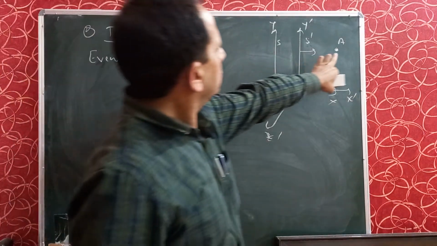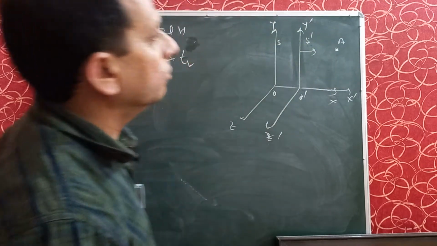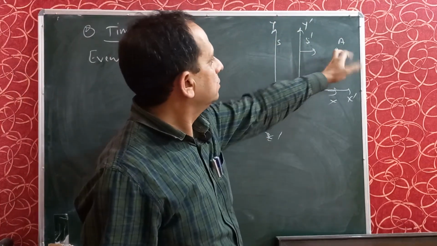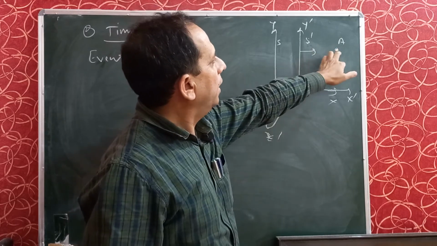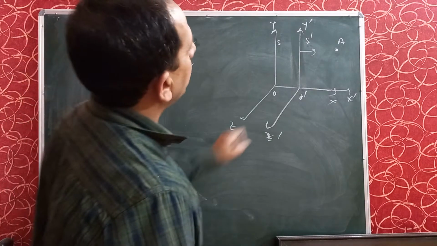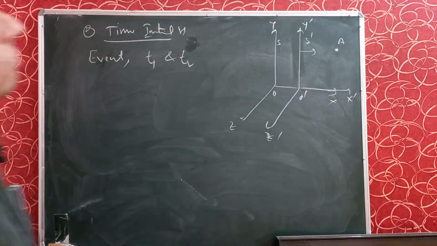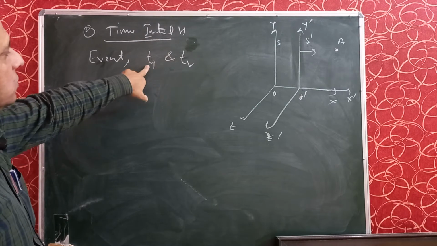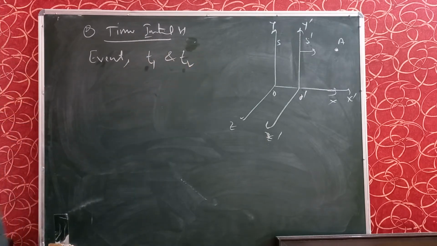Let this event be a light bulb. The light bulb glows at 10 am, and after 5 minutes it glows again. So 10 am is taken as T1, and 10 and 5 minutes is taken as T2.